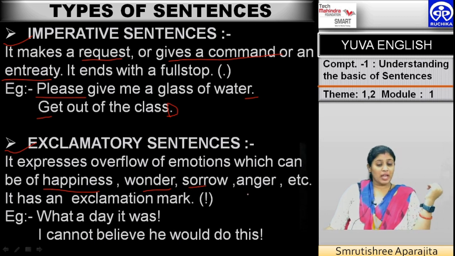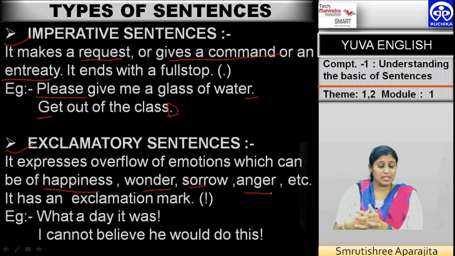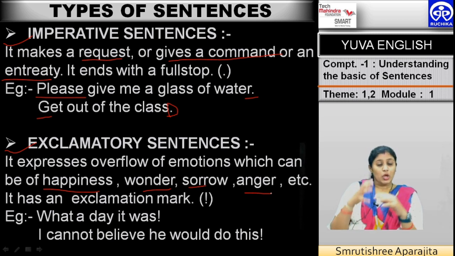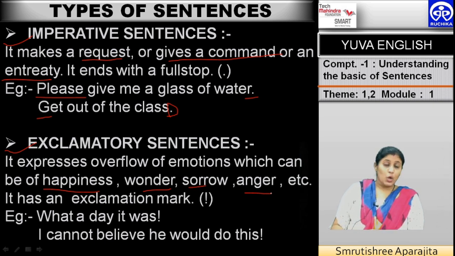Now you are very angry with someone, extremely angry with someone. That is also an overflowing of your emotions. So these all express your overflow of emotions, which can be of happiness, surprise or wonder, sorrow, or extreme anger as well.